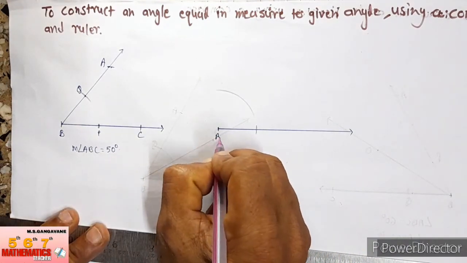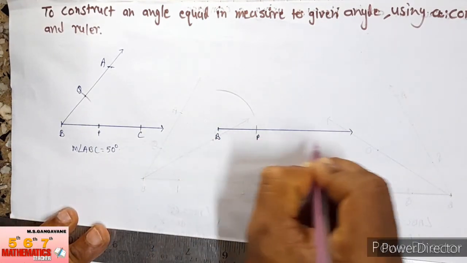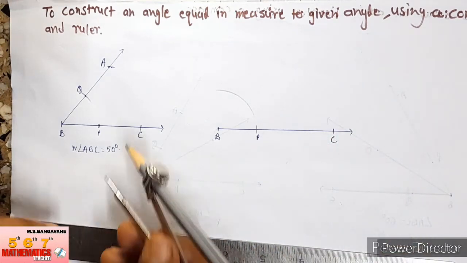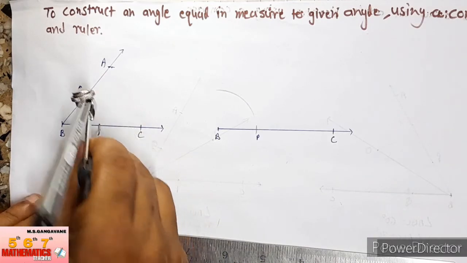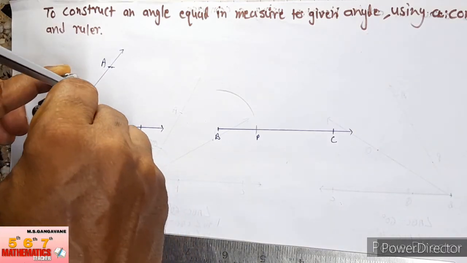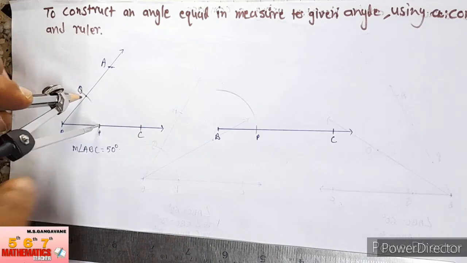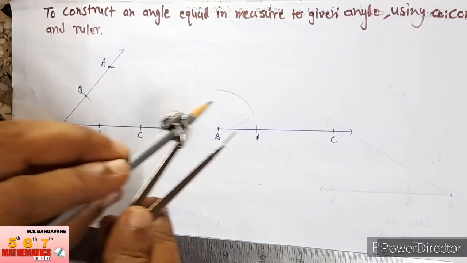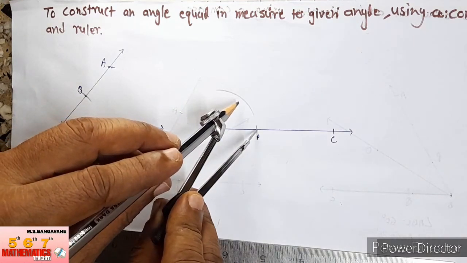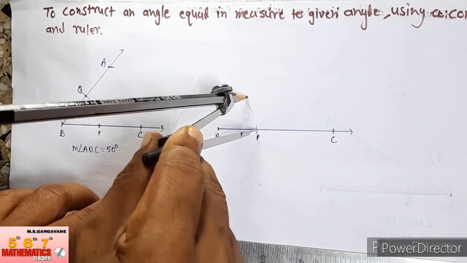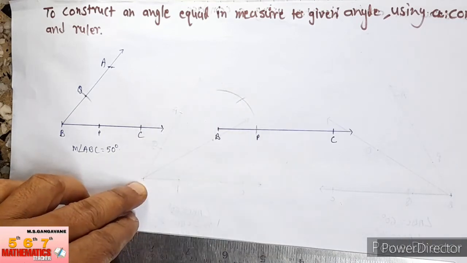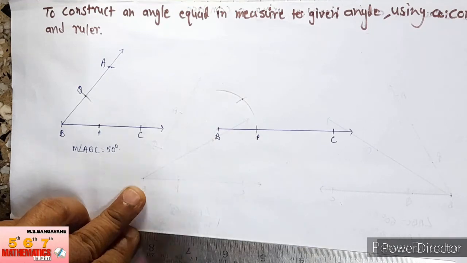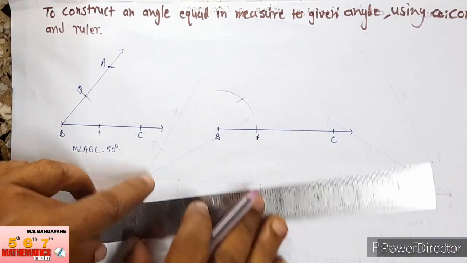Now it is B, here are P, here is point C. Now the distance PQ, okay, the distance PQ. Done. Same on P and make an arc. Find out the midpoint of these two arcs. Done.